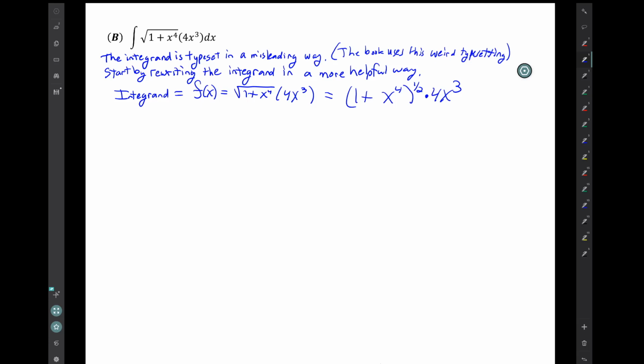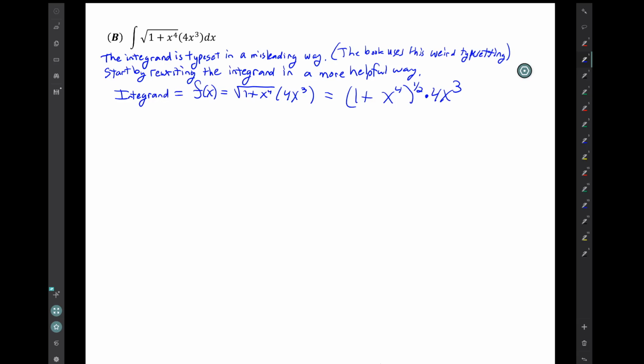So a more helpful way of writing the integrand is to not use parentheses around the 4x cubed. It doesn't need to have parentheses around it. And then to replace the square root symbol with the parentheses to the 1/2 power, because that's actually going to be the way that we deal with the square root. We're going to think of it as a power function. So now we're ready to follow the procedure.